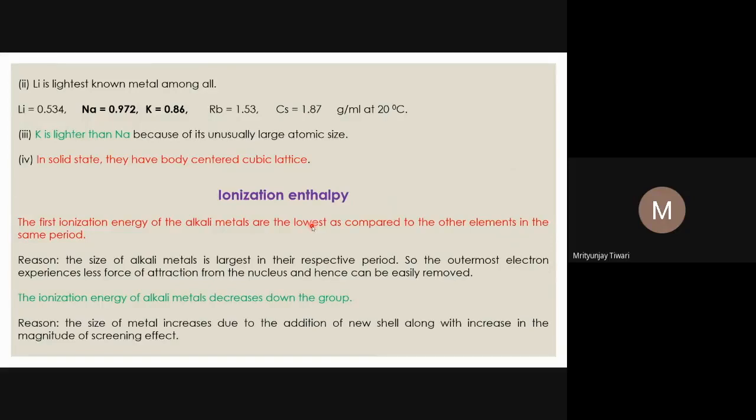We have seen that the effective nuclear charge decreases down the group because the atomic size increases. Effective nuclear charge decreasing means the attraction of the nucleus on the outermost electron is weaker. When this is weaker, we need to provide less energy to remove an electron, and that is why ionization enthalpy decreases down the group in the alkali metals.